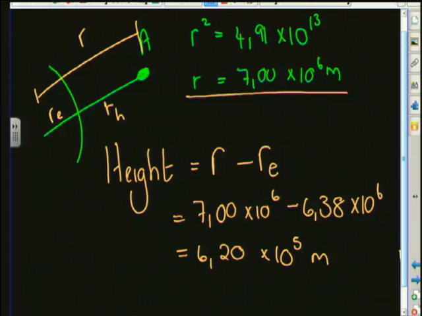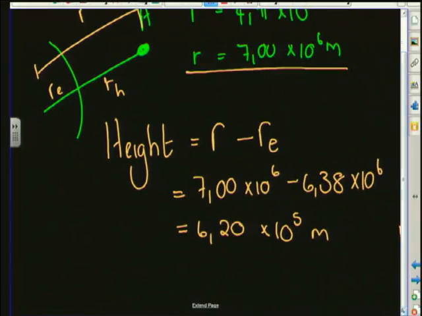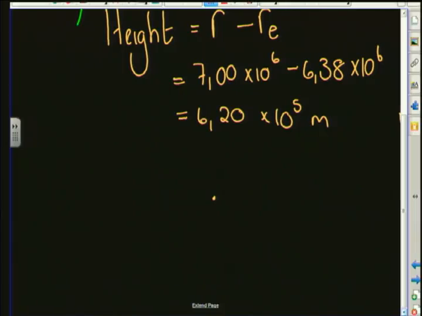But that's in meters. The question said, what is the height above the Earth in kilometers? So we look at this and we go, okay, 6,20 times 10 to the 5 is actually 620,000 meters.